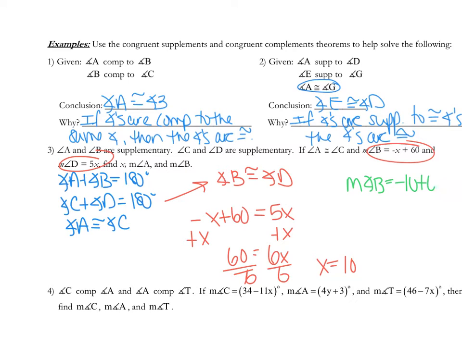So negative 10 plus 60 is 50 degrees. And then A and B are supplementary, so the measure of A has to be 130 degrees. Okay. All right, next example.